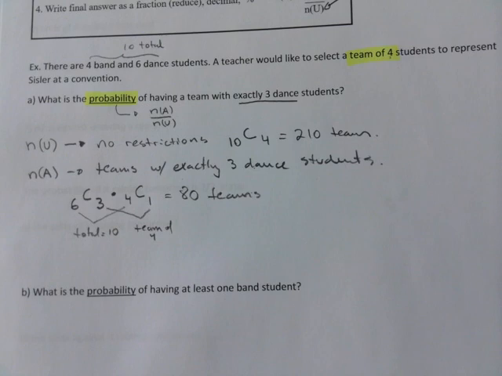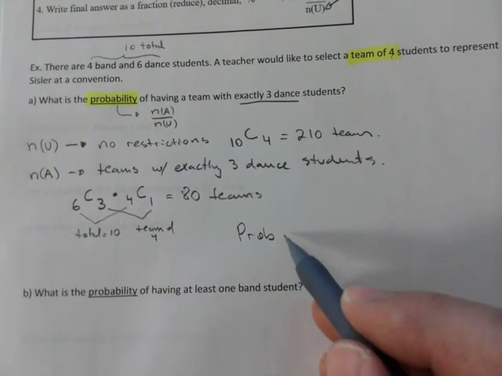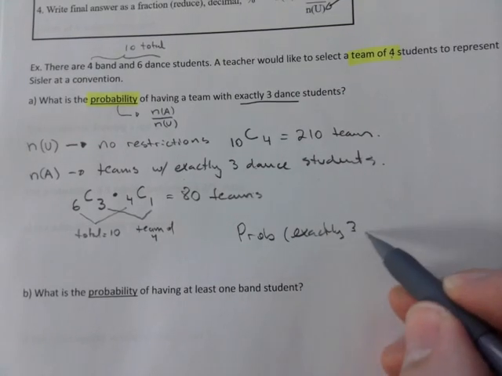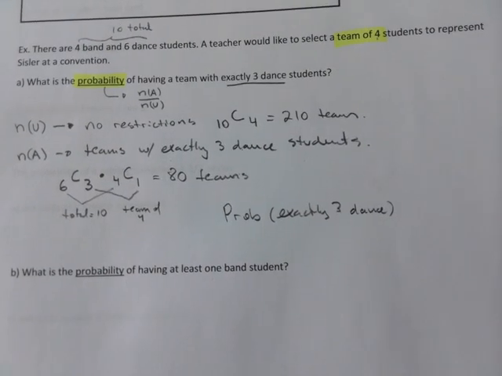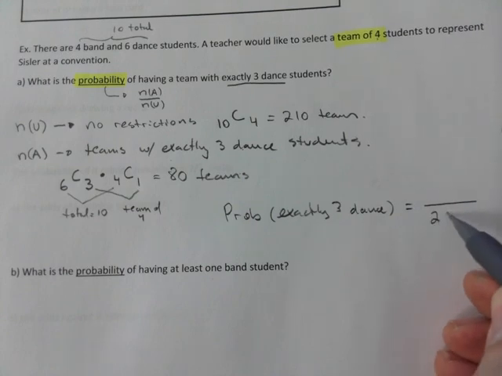And now we're ready to state our final answer, finally, right? So probability of exactly 3 dance, you just say like this. My total possible teams that I can form would be 210.